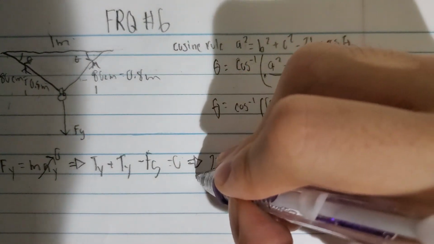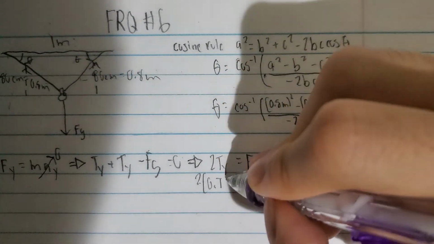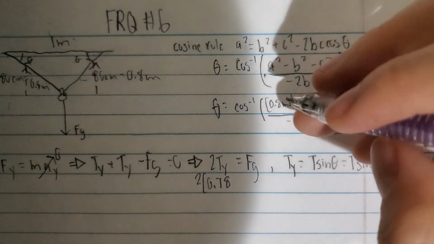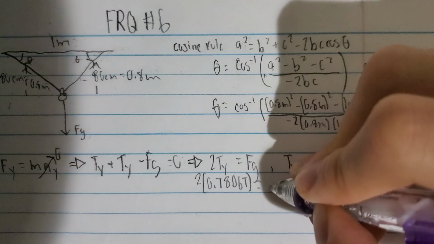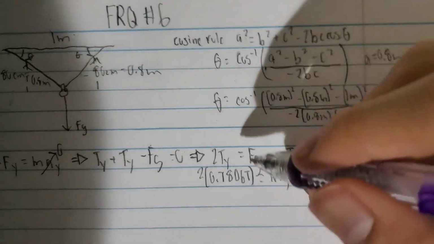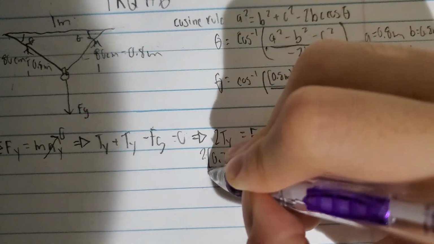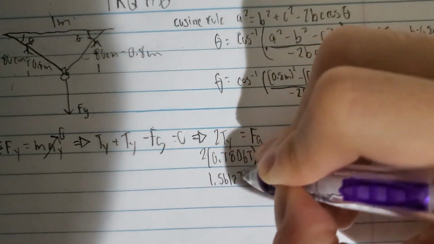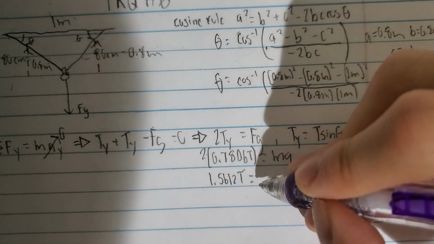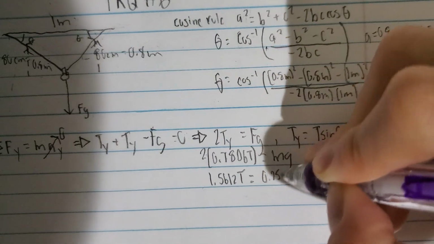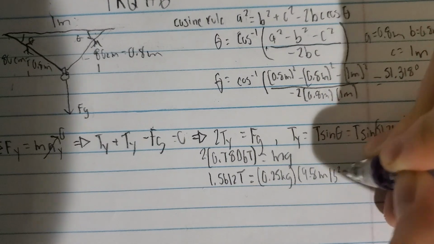So 2 times Ty, substitute, is 0.7806 T. My Fg is mg. So this is 1.5612 T, and then my mass is 0.25 kilograms. My gravity is 9.8 meters per second squared.